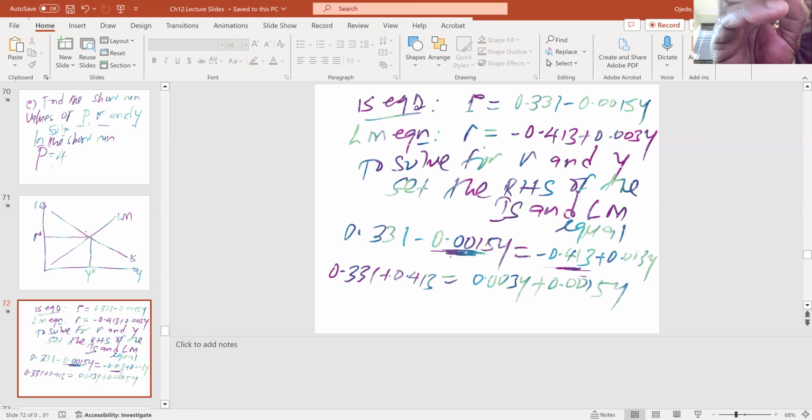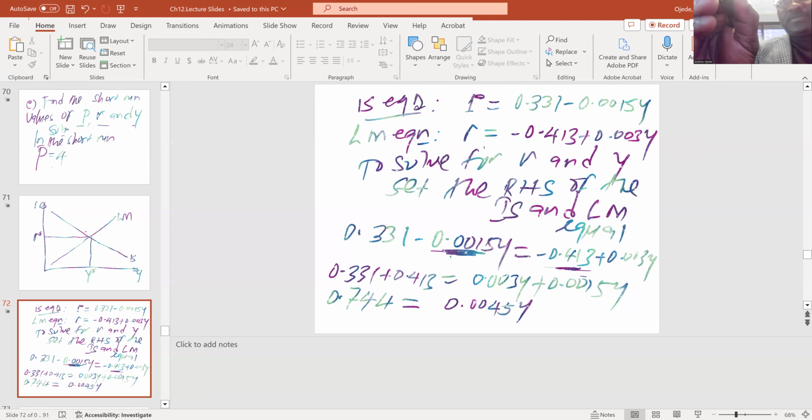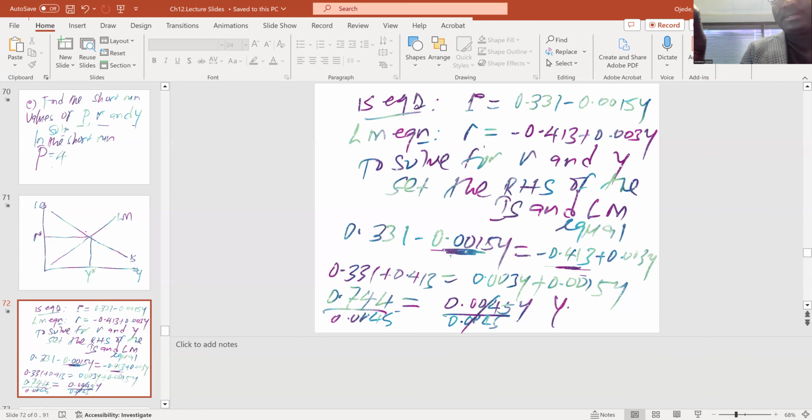Adding, the left side becomes 0.744, which must equal 0.0045Y. If I divide both sides by 0.0045, you find that your short run output Y is 0.744 divided by 0.0045, which is 165.